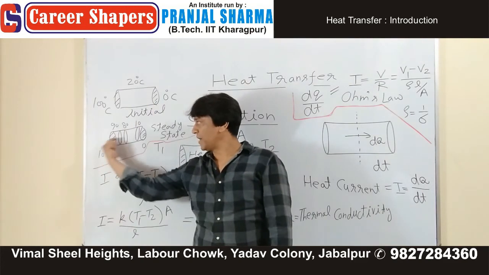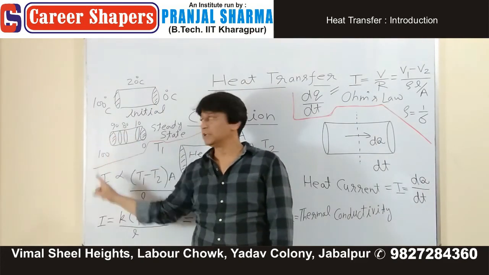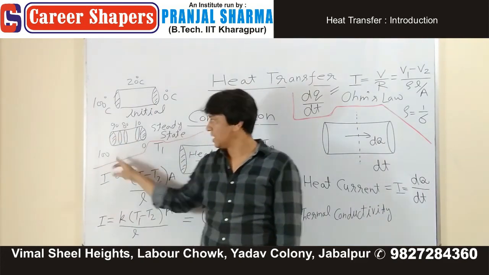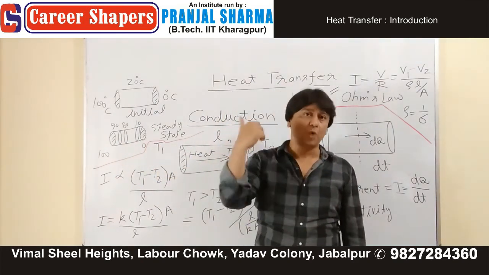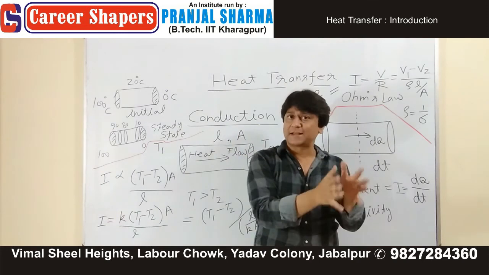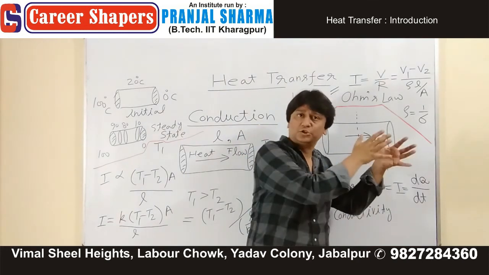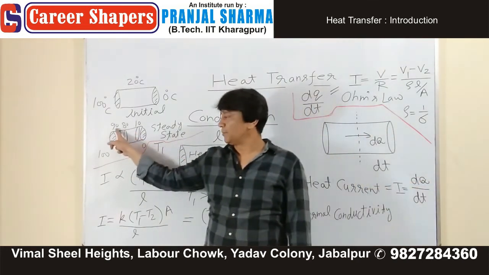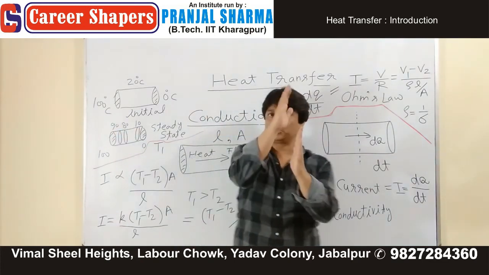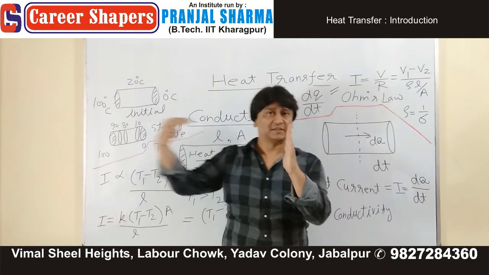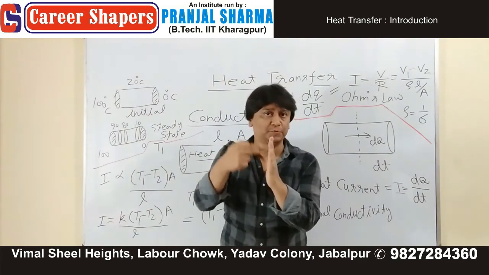When this 35 joules per second is transferred from this point, every cross section has acquired its temperature, whatever it wants to have. Suppose let's talk about the cross section whose temperature is 90. It receives 35 joules per second.